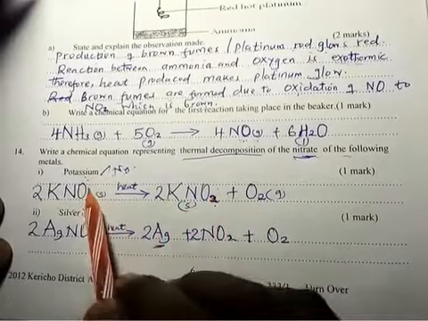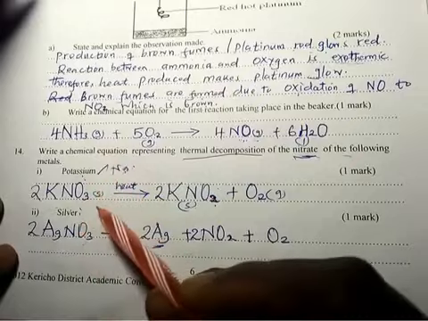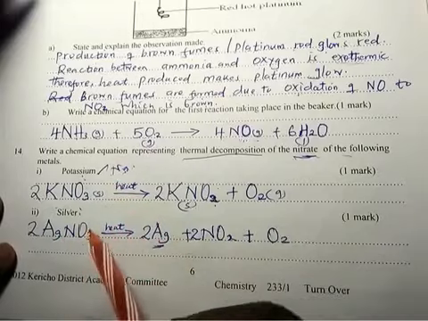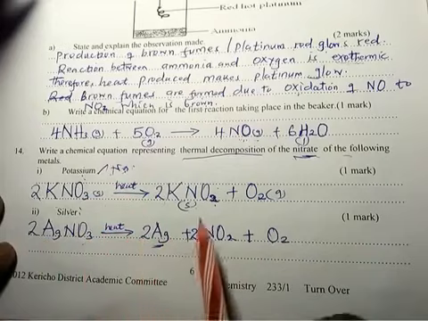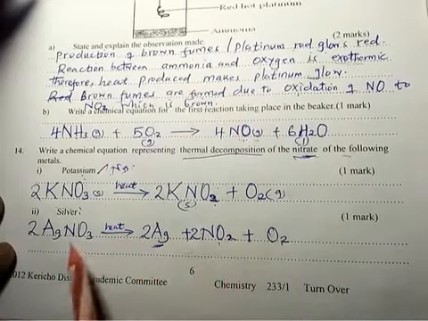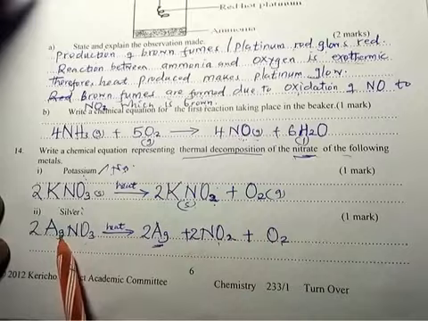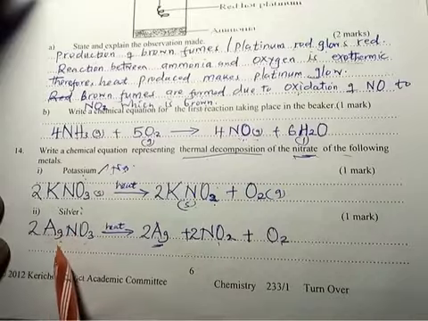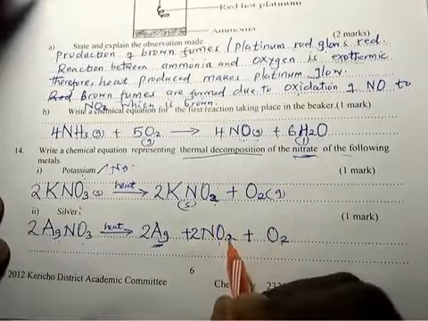The middle metals like zinc, copper and lead nitrate, when heated, form the metal oxide, nitrogen(IV) oxide, then oxygen. The least reactive metals, like silver and mercury towards the end, produce the metal, nitrogen(IV) oxide and oxygen.